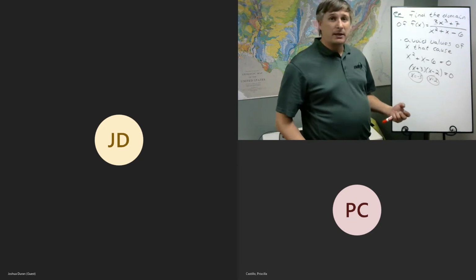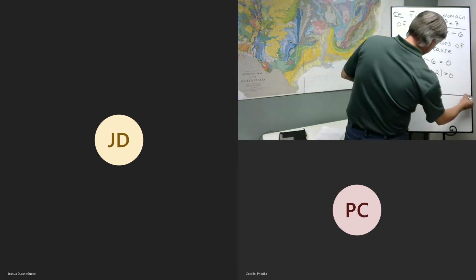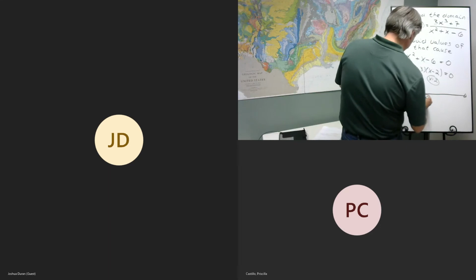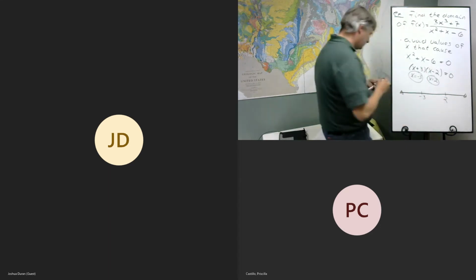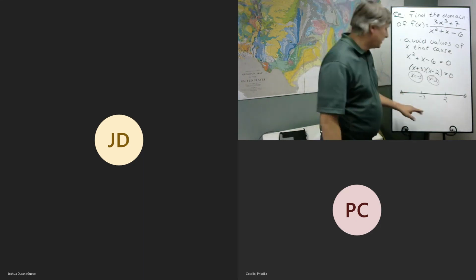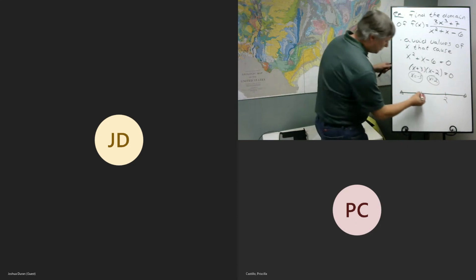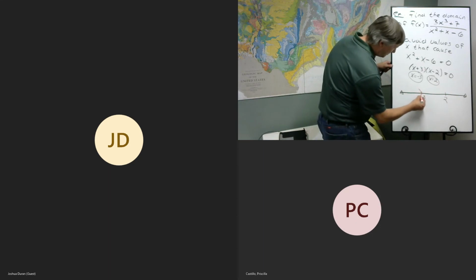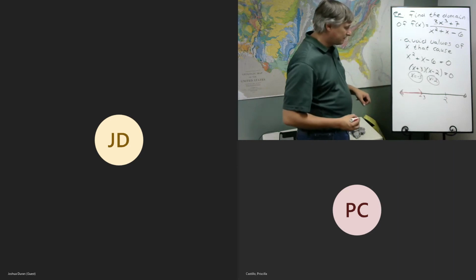So how do we find the domain? Well, we can take all the numbers on the number line except these two. We want to avoid those two. So we can take everything less than -3 off to infinity.